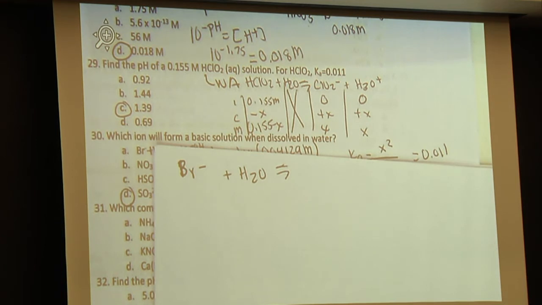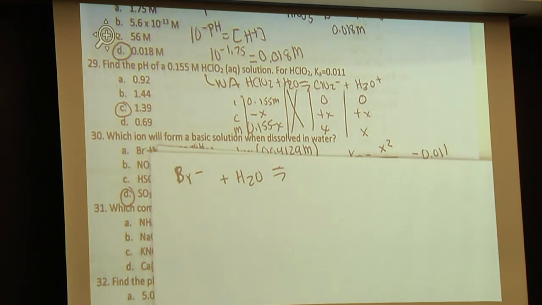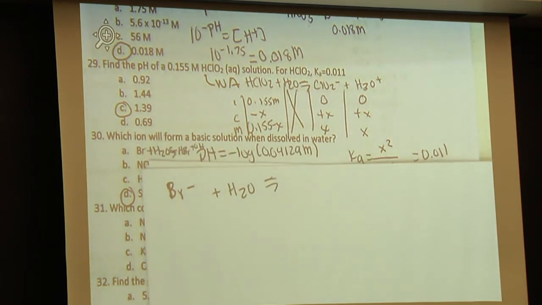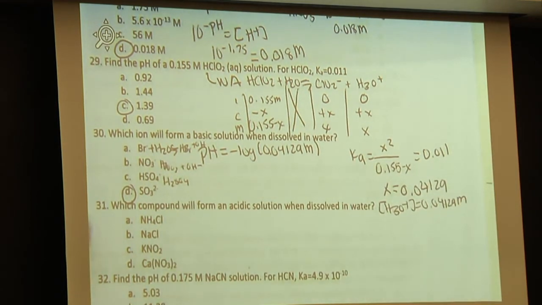Huh? No, I didn't write all of them down. What did you say? If anything, this question is from your book. Pretty much all these questions are from your book. I don't remember. Yeah, but I think that's more so for number 31.